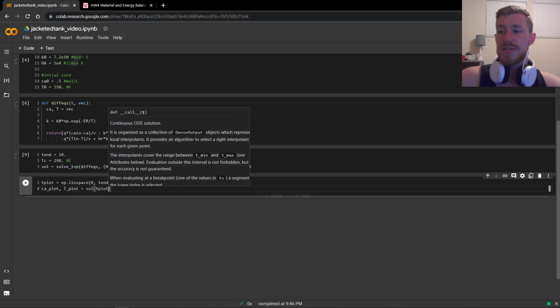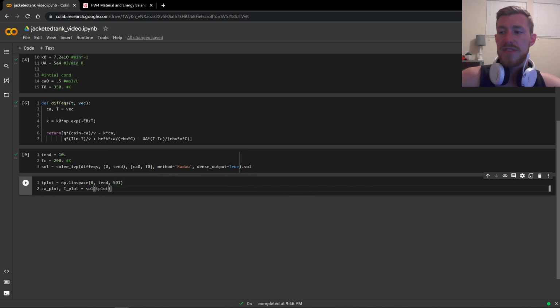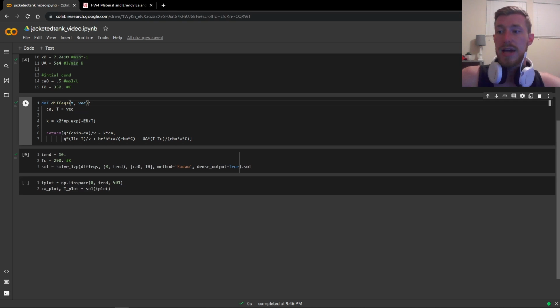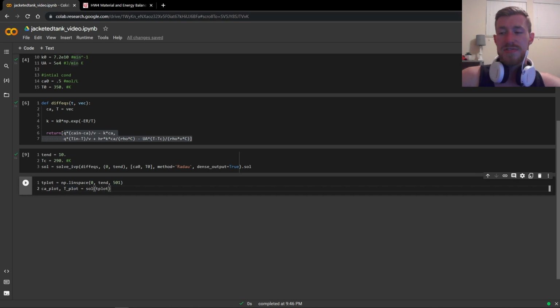So what this is saying is, take our array of inputs from 0 to tn, 501 points, run it through the solution, and because the solution is the actual equations that correspond to these two differential equations, it'll run that array of inputs through both of these, and will spit out a bunch of output values for the concentration and a bunch of output values for the temperature. And obviously, we need to unpack those into each of their own respective plots, so then we can actually graph them.